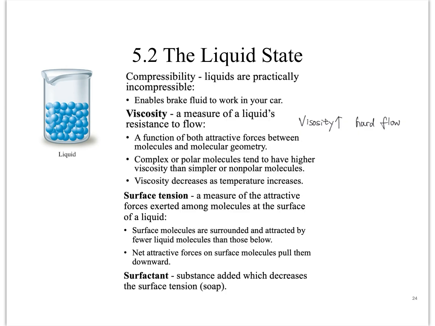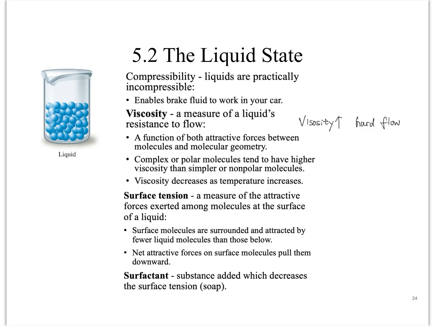The second thing we are going to talk about here is so-called surface tension. Surface tension is a measure of the attractive force exerted among molecules at the surface of a liquid. The surface molecules are surrounded and attracted by fewer liquid molecules than those below, because on the top, for example, you only have the bottom ones next to it attracting, but you have the top open right here.